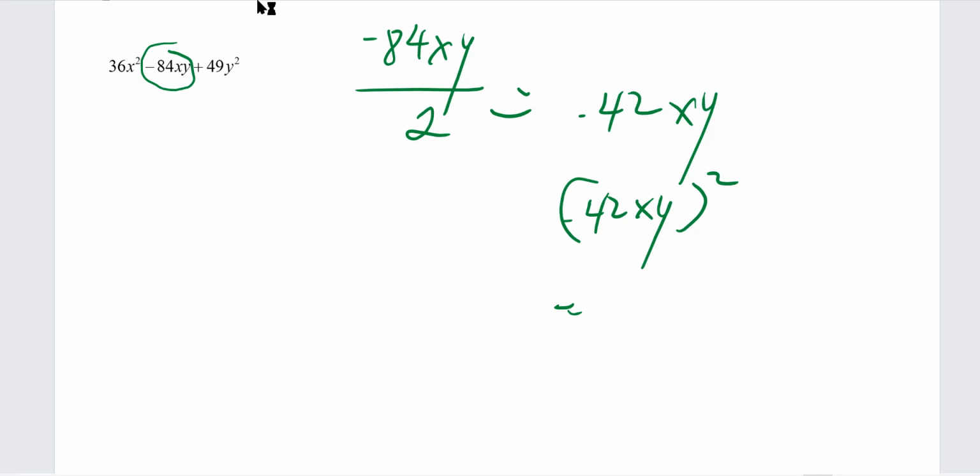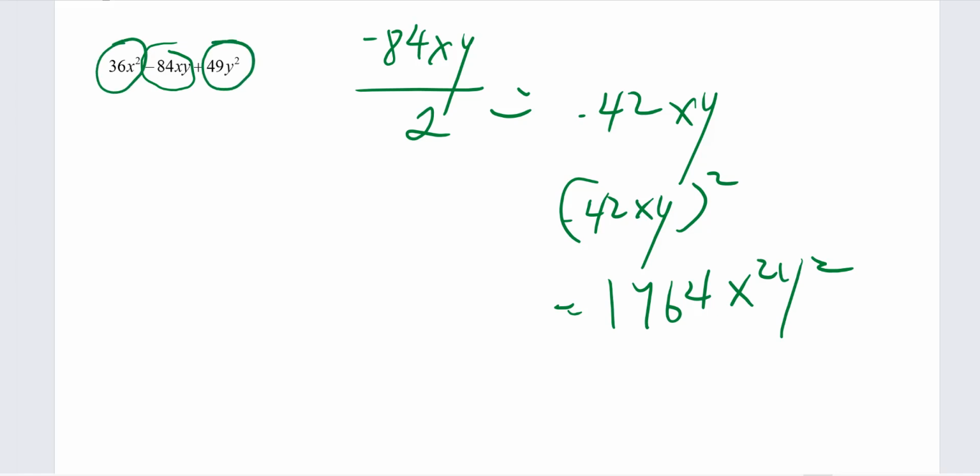Let me grab a calculator here, because I don't know what 42 squared is. If you square that, you get 1764x squared y squared. And then the question is, if I multiply these, do I get the same thing?